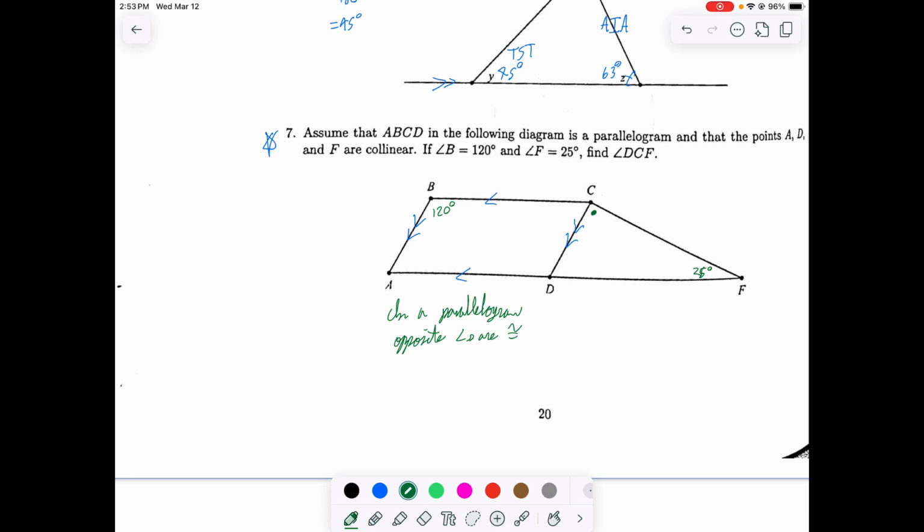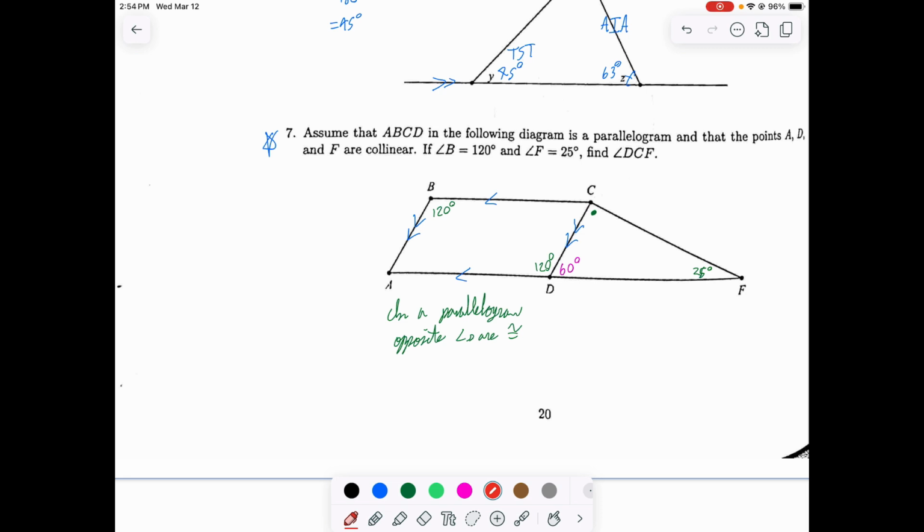So that means if angle B is 120 degrees, then angle ADC is 120 degrees as well. Opposite angles are congruent. Now, noting that these are collinear actually tells us that this is a line. It's not goes up and then goes up like that. So we know that if this is 120, this has to be its linear pair, which means that that is 60 degrees.